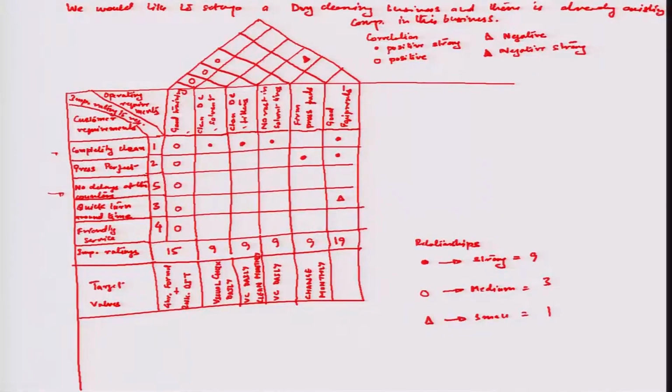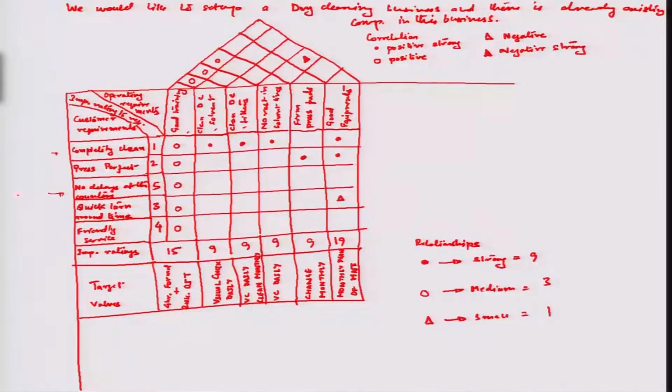For good equipment, there can be a maintenance schedule plan where we talk about, let's say, maintain on a monthly basis. So you have a monthly plan of maintenance. And these can be some of the target values at which you set up the house of how to achieve what you want to achieve.